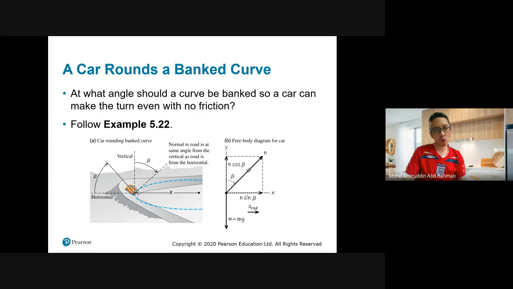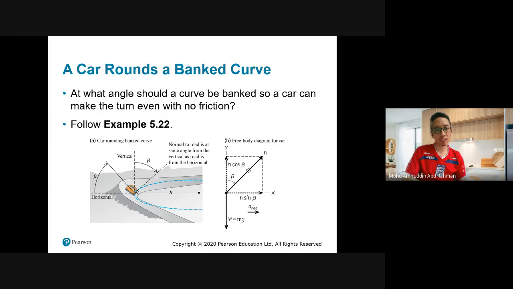So we have the weight of the car, W equals mg, and we have the normal force on the top, because it should be normal to the roof of the car. So we have N, and we need the components of N in x and y.